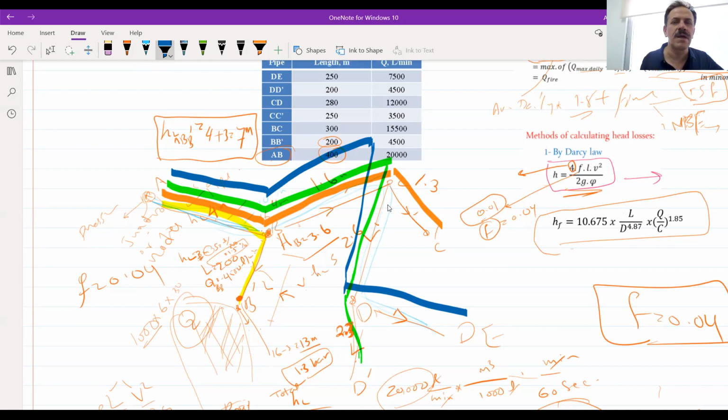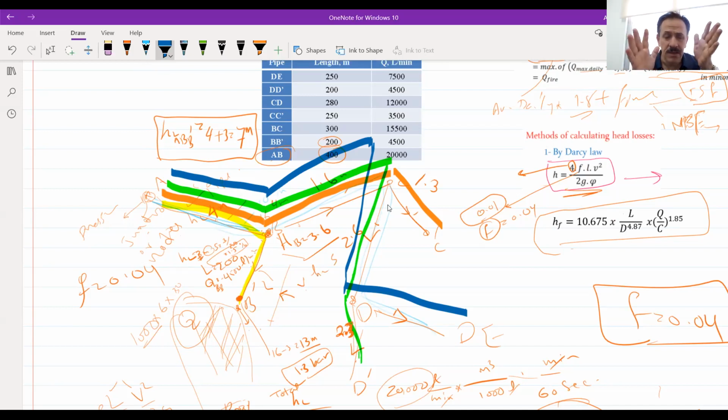This is called the main line. The idea is to find the critical path, and then all focus goes to that path, which should be designed very well.